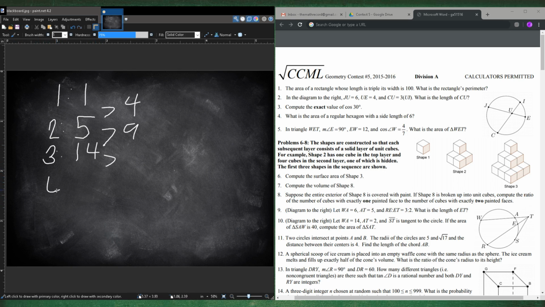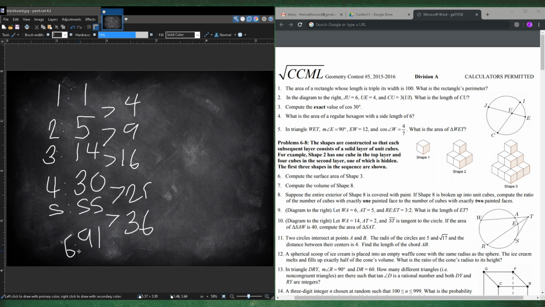So if you add that's a 2 and that's a 3. A 4 by 4 is a 16, so this is a 30. And then you're going to add a 5 by 5, which is a 25, so that will be a 55. So you could just do the exact same thing each time. You get a 36. So that's 91. That's a 6.